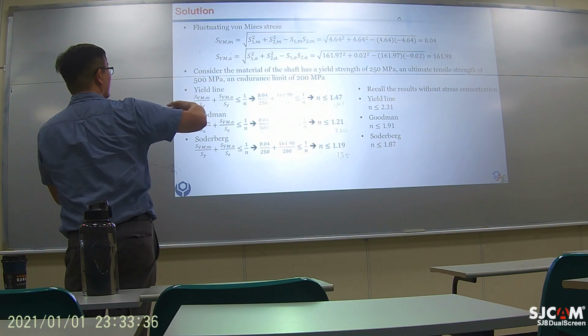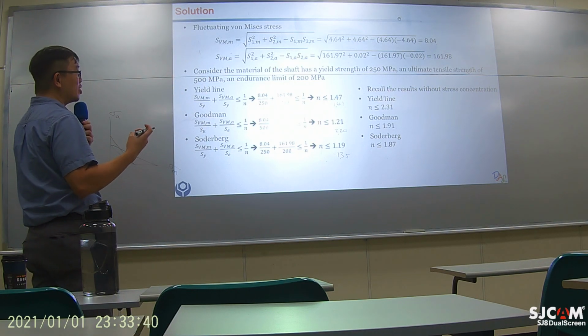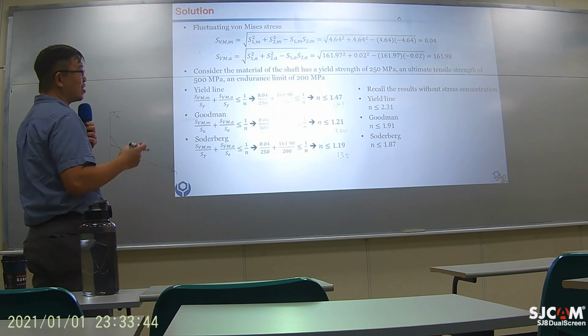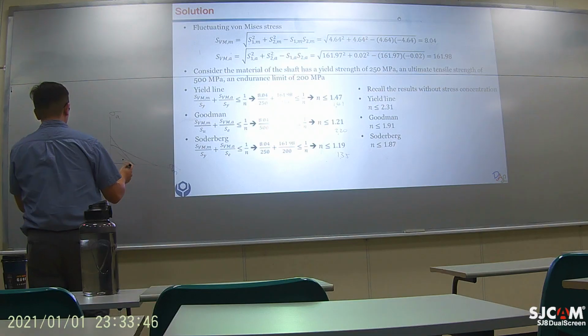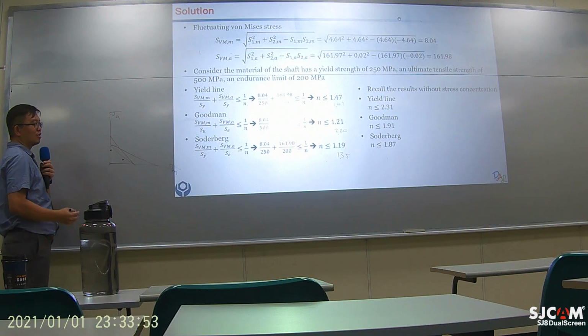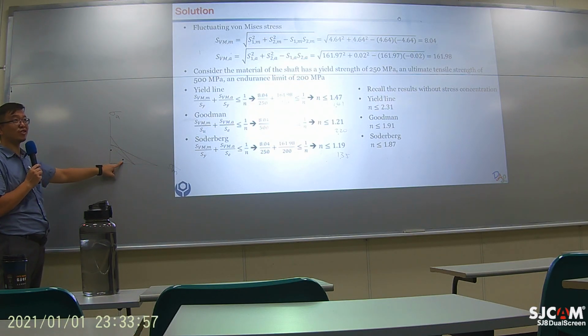Since the shaft is rotating now, the amplitude, the fluctuation is larger, but the mean value is smaller. So mean value is very small, and the fluctuation is up to here. So this is a design point when the shaft is not rotating.